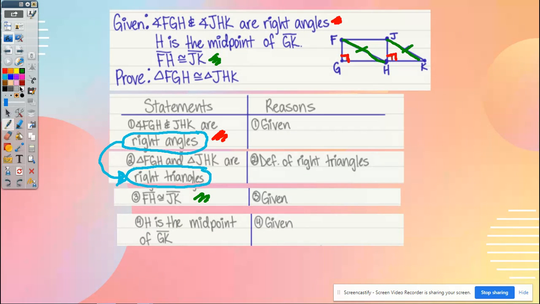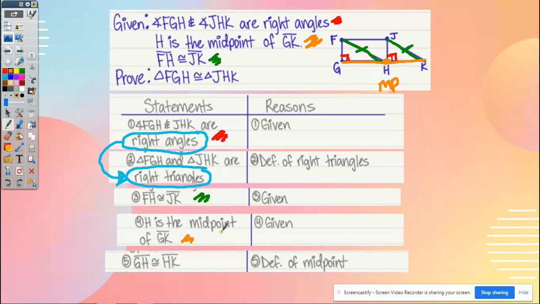Okay, finally for our last given, I'm going to do this in orange. So it says H is the midpoint of JK. So H is the midpoint of this whole line segment. I'm only going to trace it over because I want to show you my next step.